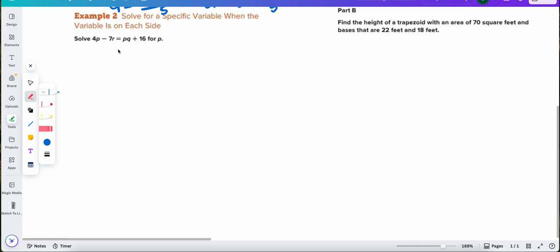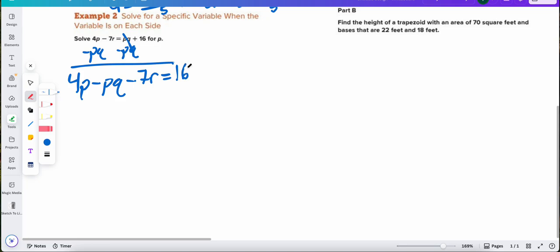So to get rid of this pq, I'm going to go ahead and subtract pq from both sides. Now, when we do that, 4p and the minus pq are not like terms because one has a q and one doesn't. And then they're not like terms with 7r. So we would leave that. Our pq's canceled and we got 16.